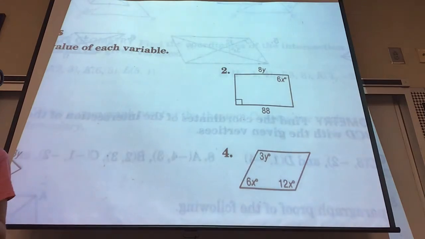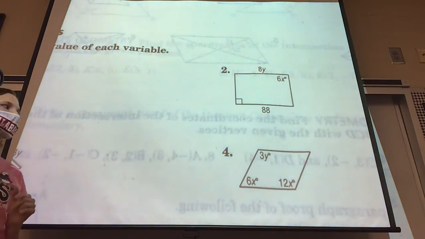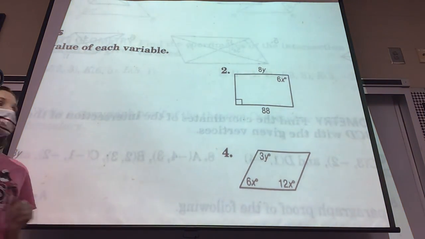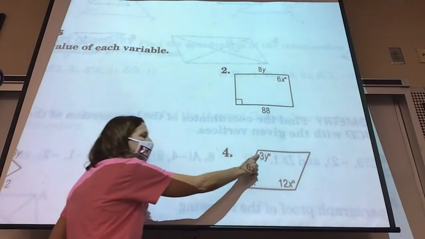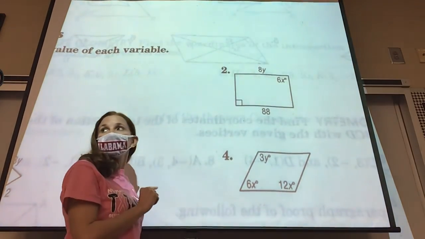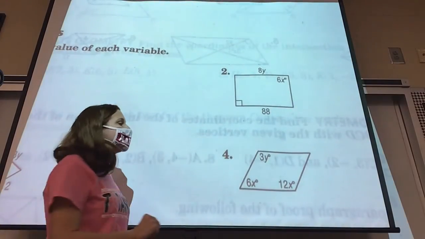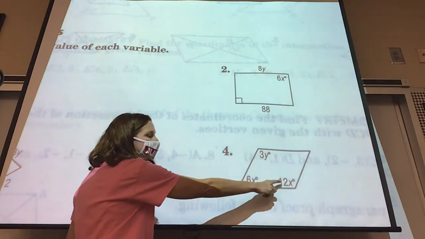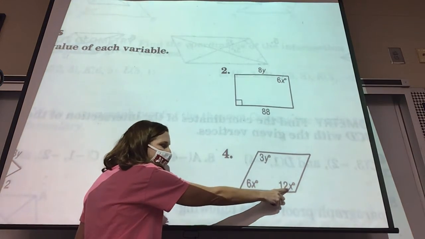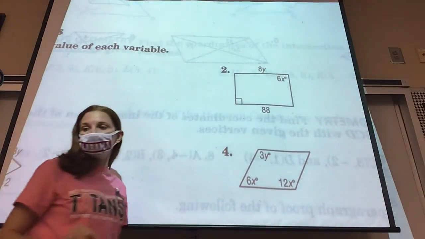Okay, did everybody understand what I just did? Yes, no, maybe, I don't know. If they are diagonal, they are congruent, which means they have the exact same thing. They are equal. So what I did was I substituted this in place of this.